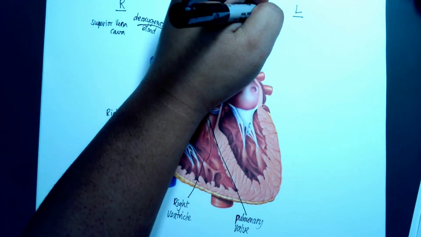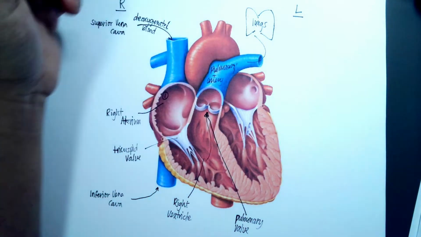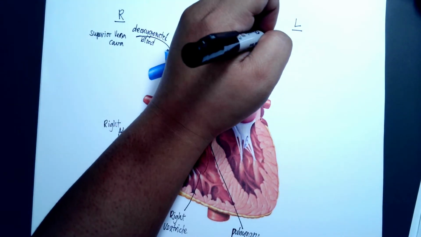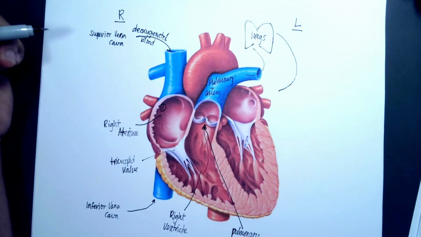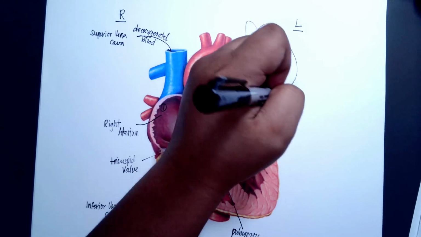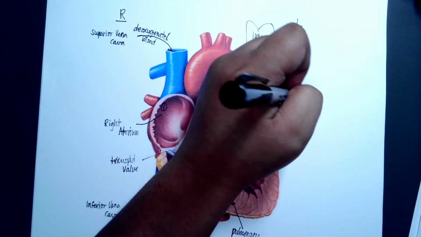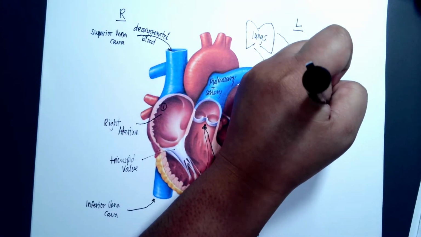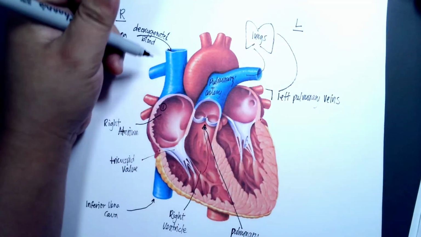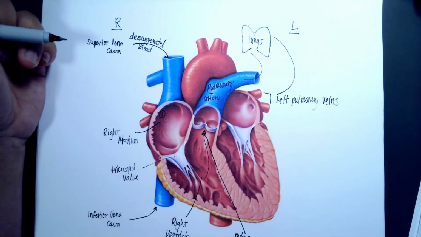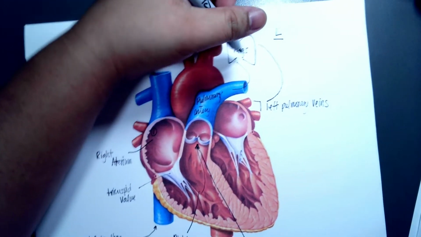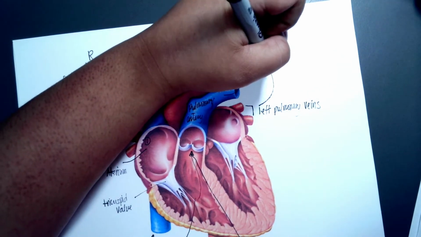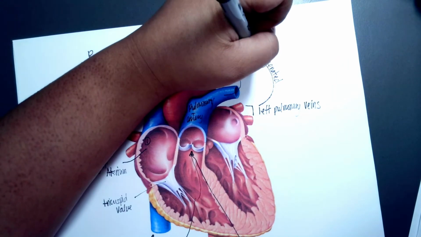Once the blood enters the lungs, it is now being oxygenated. From the lungs, it goes back through the left pulmonary veins. Once it goes back to the pulmonary veins, it is now called oxygenated blood.